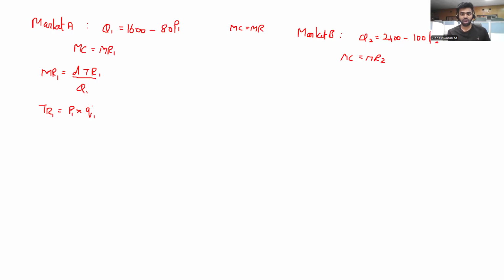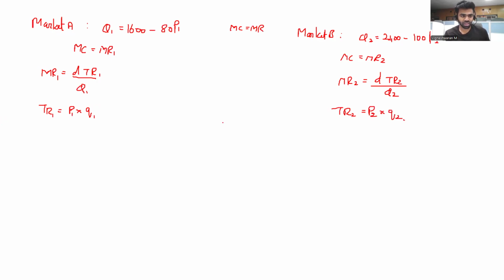I already told you this question will be a bit lengthy, but it will be easy. Here also I will do the same: MR2 is equal to differentiation of TR2 divided by Q2, where TR2 is equal to P2 into Q2.